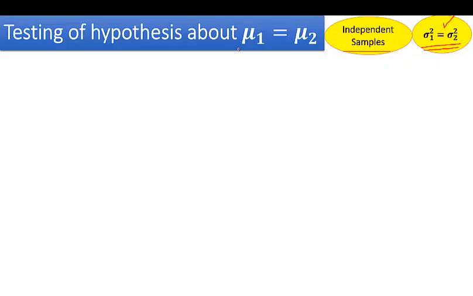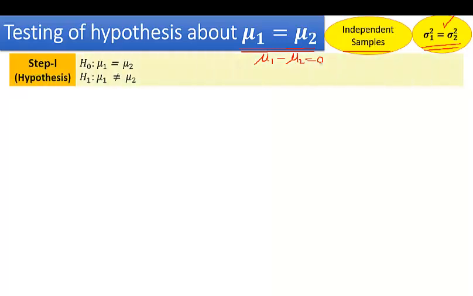And what we are going to test here is the equality of two population means, or we can even write it as mu1 minus mu2 equals 0. This is one and the same thing. Here is the hypothesis which will test this statement: mu1 is equal to mu2, the H0, the null hypothesis, and definitely the alternate hypothesis is in this case a complement of H0 as always.